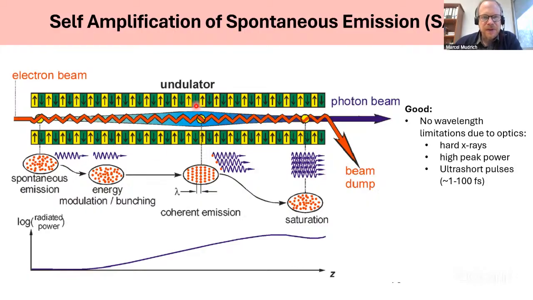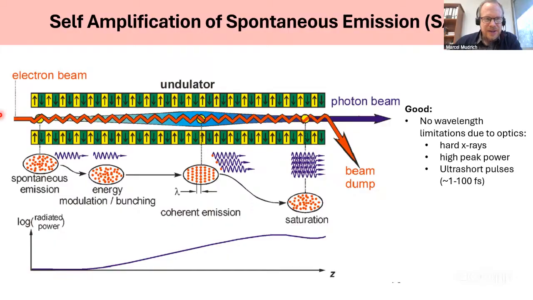Here we have the undulator that has the property of amplifying external light. If we incouple an external light beam, we have seen what the condition is. There was a resonance condition to be fulfilled.